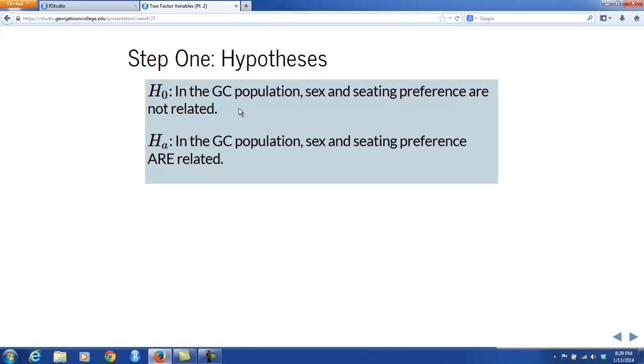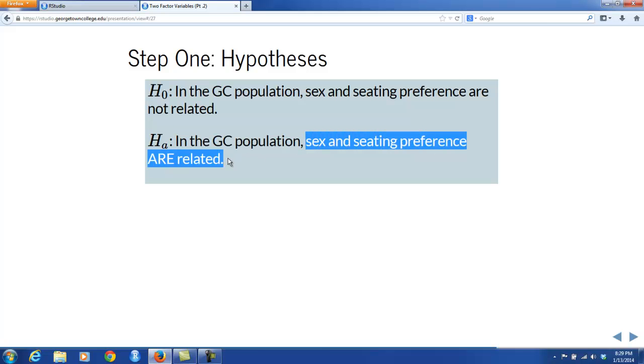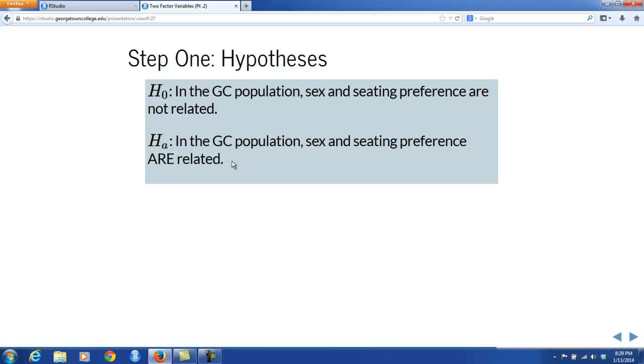They're probably related at least a little bit in the sample, because two conditional distributions in the sample are highly likely to be at least a little bit different. The alternative hypothesis says that out there in the Georgetown College population, sex and seating preference are related, at least a little bit.